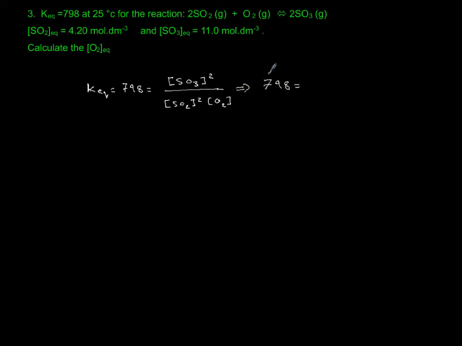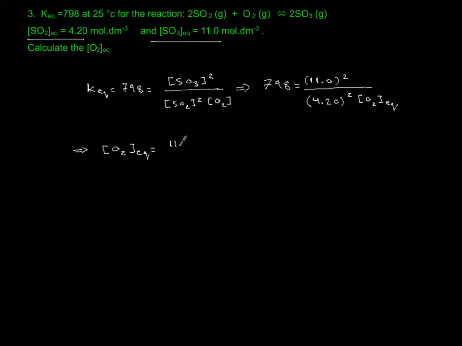798 equals, sulfur trioxide is 11 mole per decimeter cube. So 11 squared divided by concentration of sulfur dioxide is 4.2 squared. Concentration of oxygen is missing, and that's what we are trying to find. So what you can do is just swap, a cross multiply.